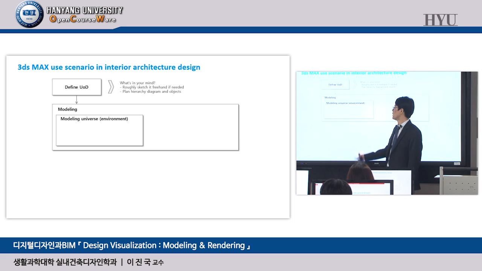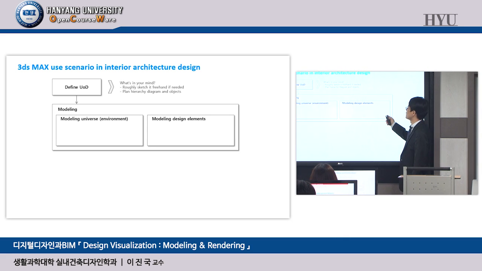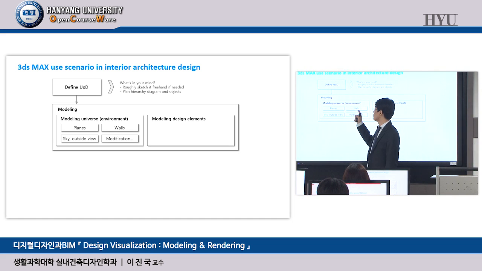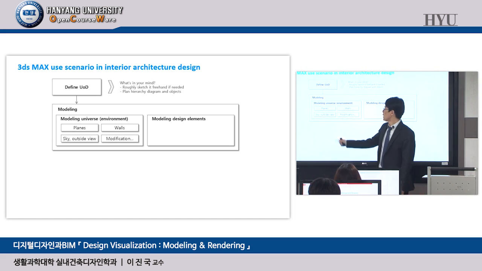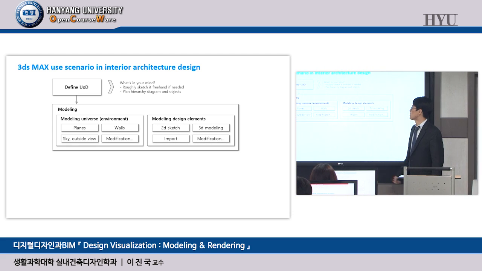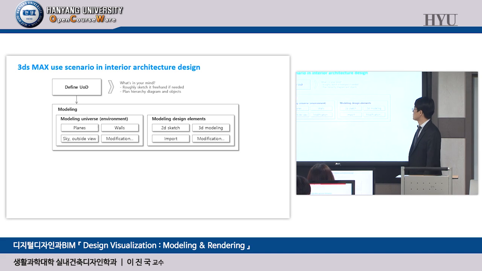That's it, okay? That's the modeling universe issue, and modeling design elements, your target objects, your target design components. On the environment, there are planes, walls, sky, outside view, fake outside view, okay? And also design elements in 2D, 3D, sometimes importing geometry, 3D Warehouse and families and so on.